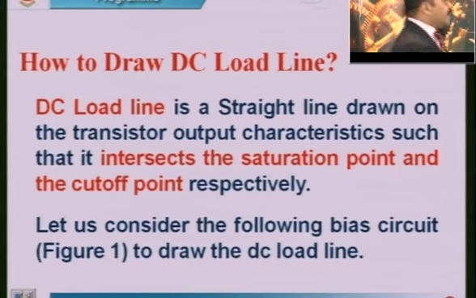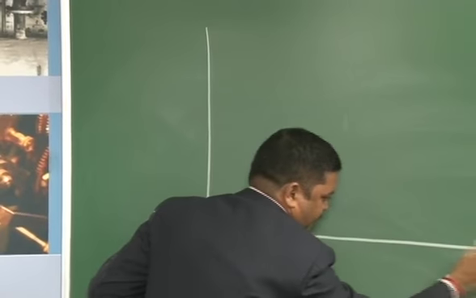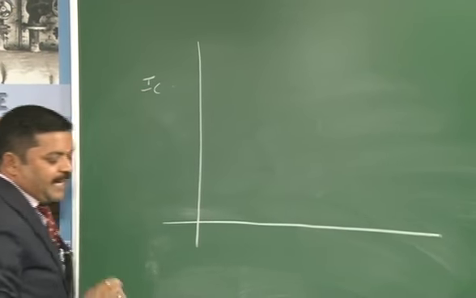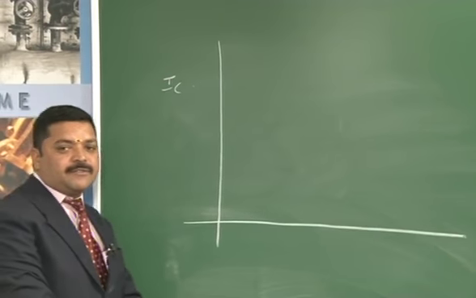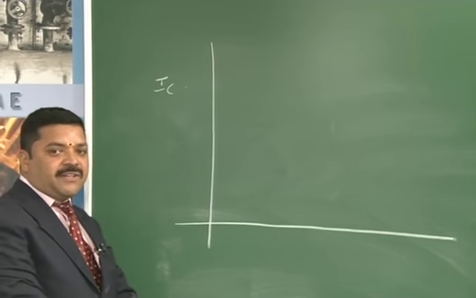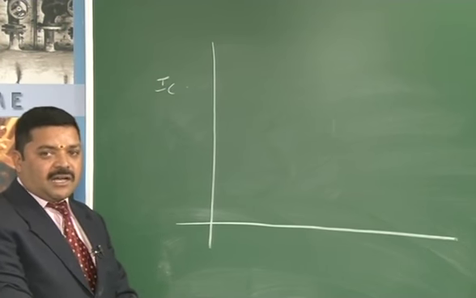Let us draw the output characteristics on the board. The output characteristics of BJT in CE configuration is the graph of IC versus VCE, keeping the base current or the input current constant.